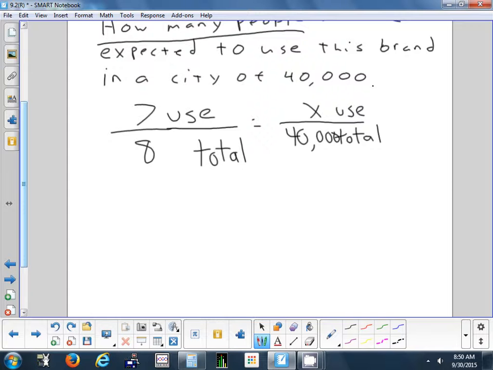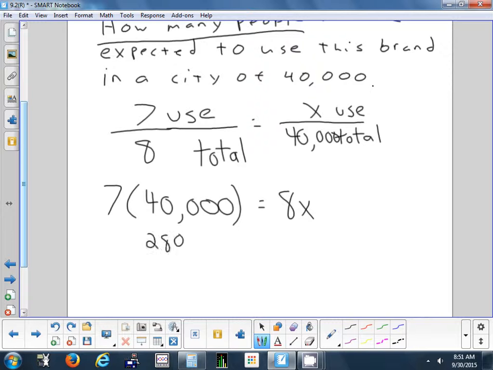Mr. Glenn, what are we going to do? Multiply. You'd write 7 times 40,000. 7, I'm going to put parentheses, is that okay? Equals 8x. Did you get it? Let's see, I know it's on here somewhere. What's on it? 280,000. On the other side, what's on the other side?